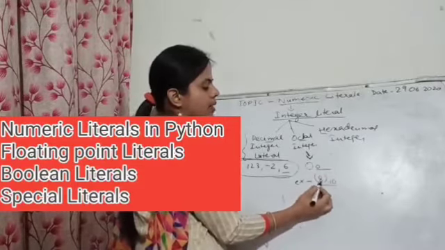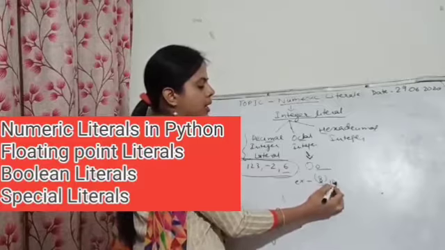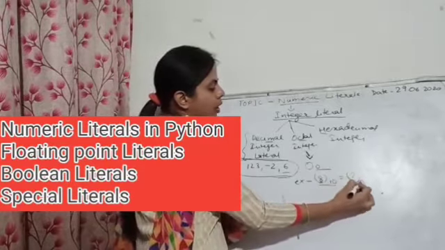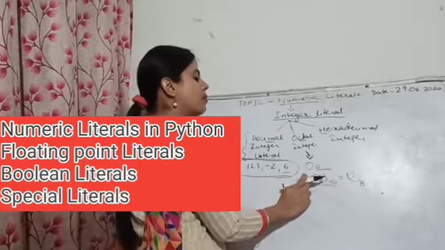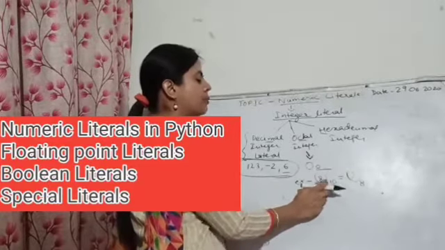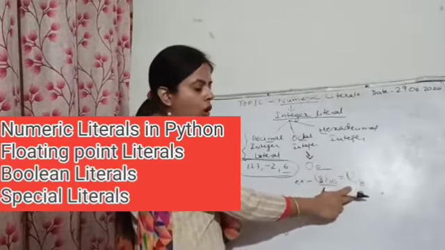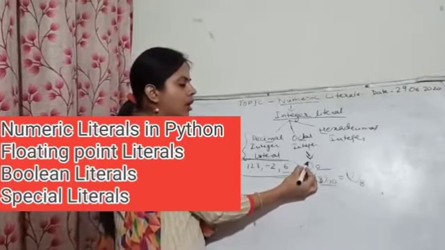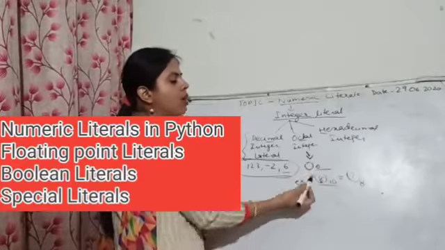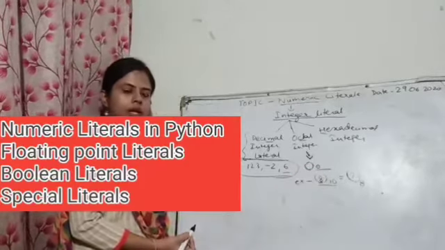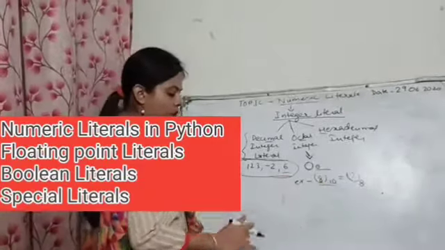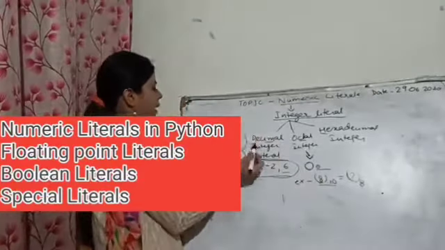This 8 is a number with base 10, so it is a decimal number. Now if I want to convert it to an octal number, this decimal number needs to be converted to octal. Once it is converted and preceded by 0 and O, it will be called an octal integer literal. I'll tell you how we can convert, because I have not explained that yet.